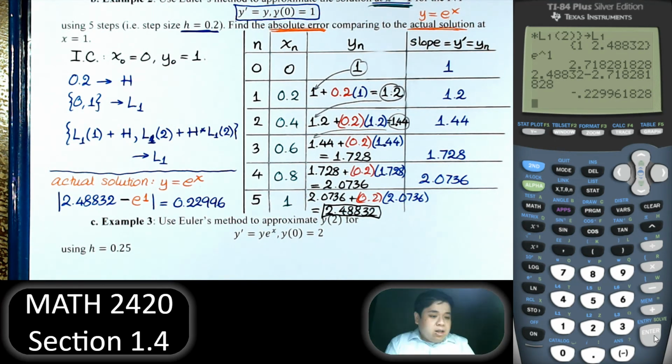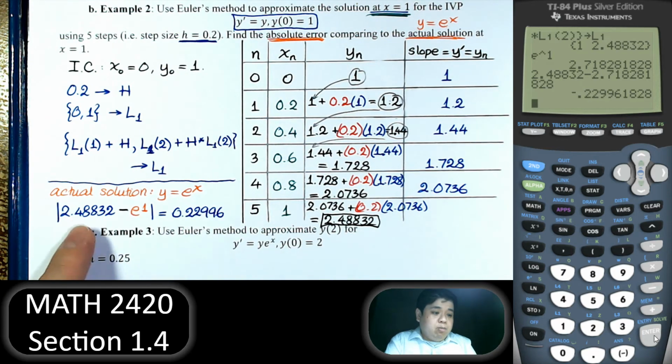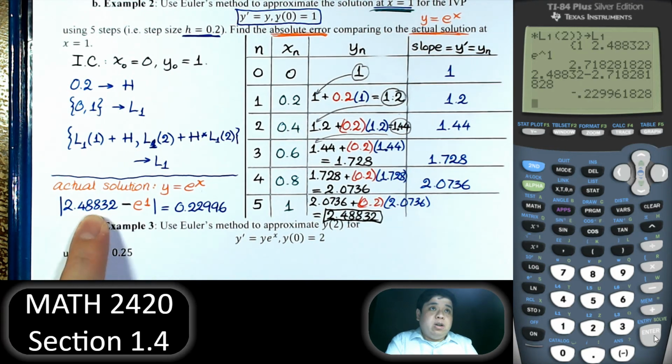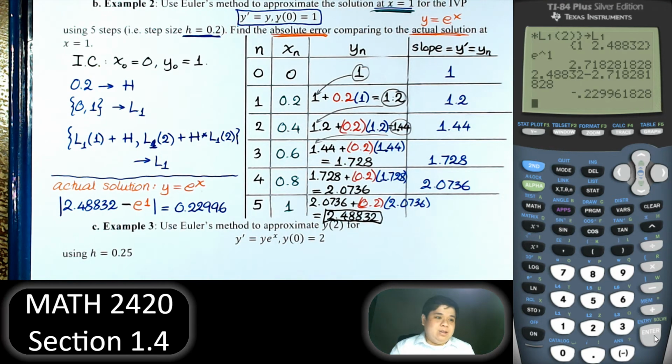Right, so this is the approximation. This is the absolute error between the approximation and the actual solution when x equals 1. Right, that's nice enough, right?